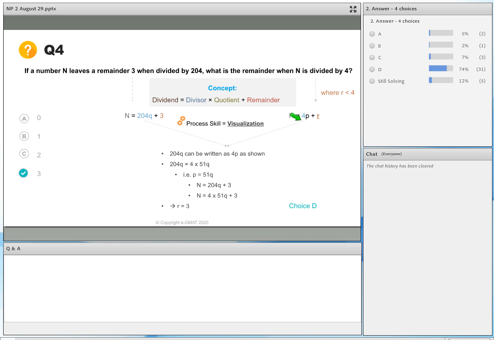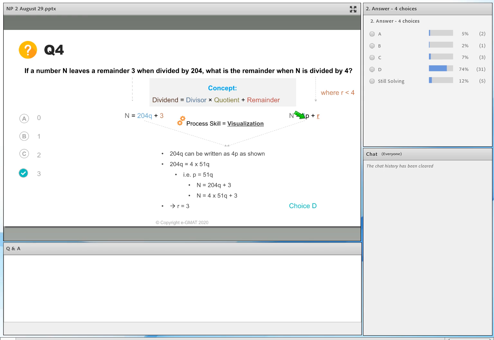I want N equal to 4 times something. I have 204 times something. I can always extract a 4 from this 204 because 204 is divisible by 4. So I can write 204Q, just forget about the Q for a while, as 4 times 51Q. Actually, I don't care about the 51 for now. It's like 4 times something.